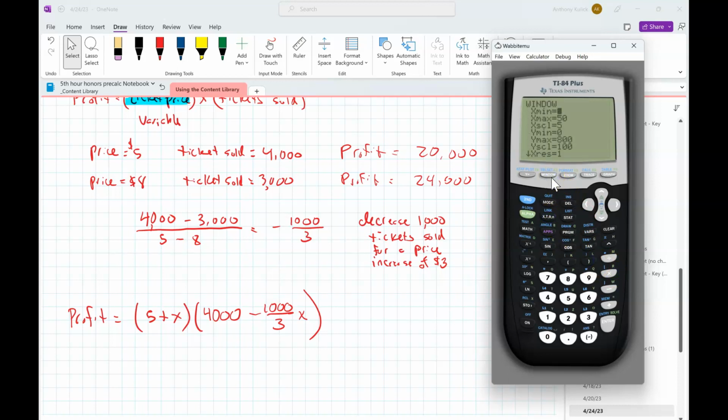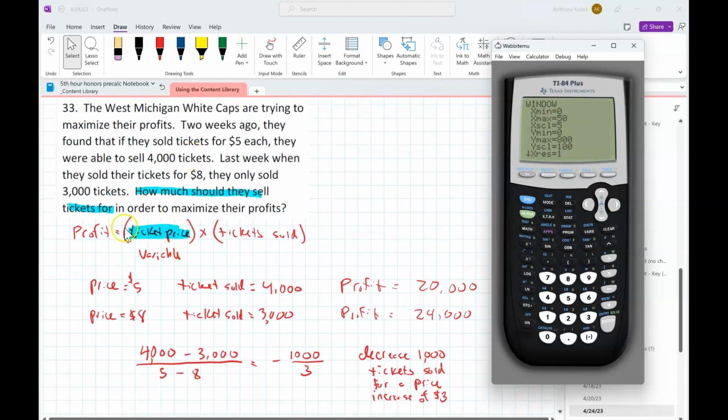So I'll set my window. The ticket price, or x, is the amount of increase in the ticket price from $5. So I don't know, probably 10 is enough. Right, 0 to 10. Probably should actually do -5 to 10, technically.